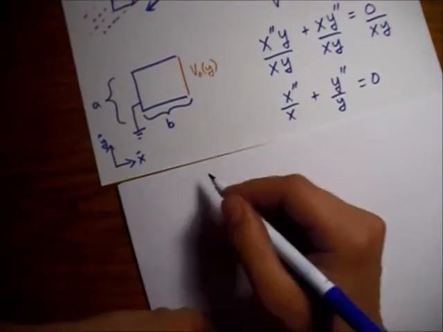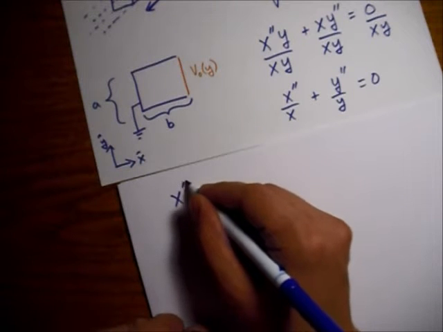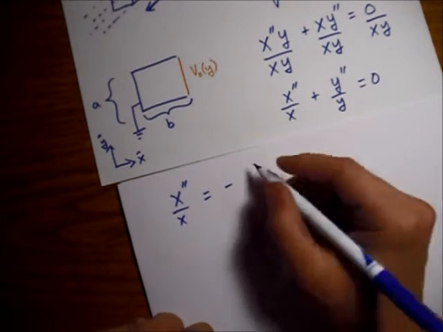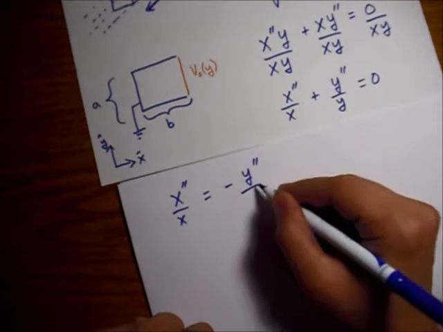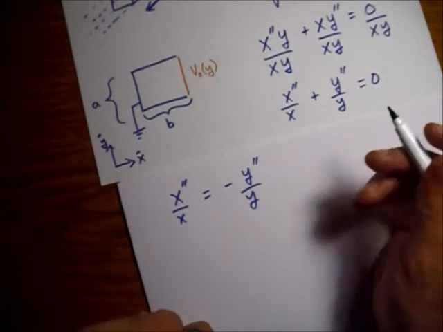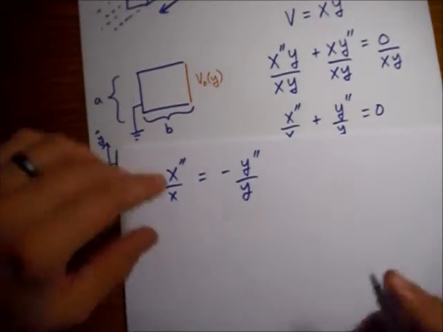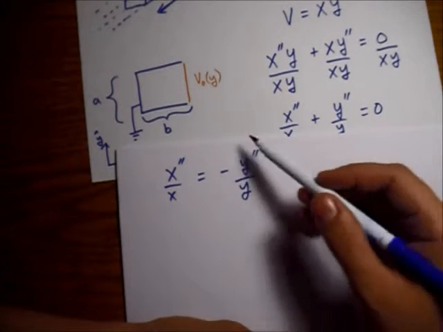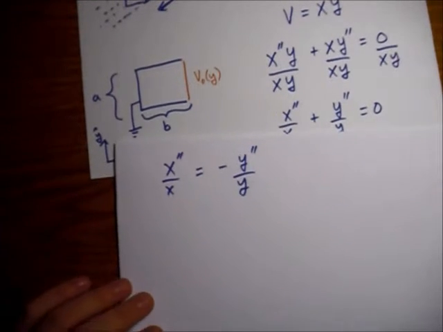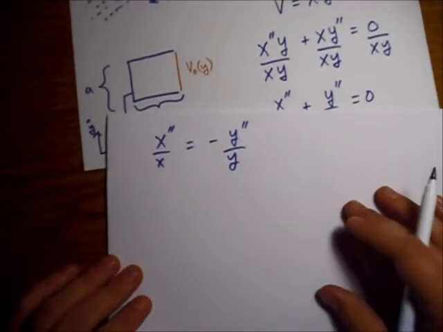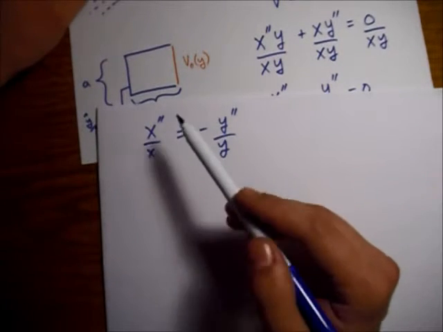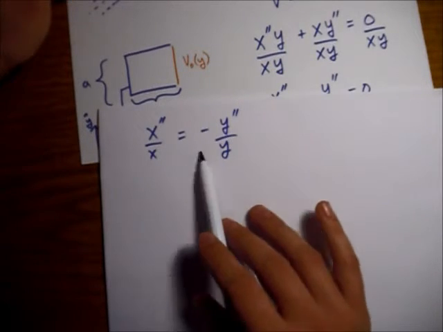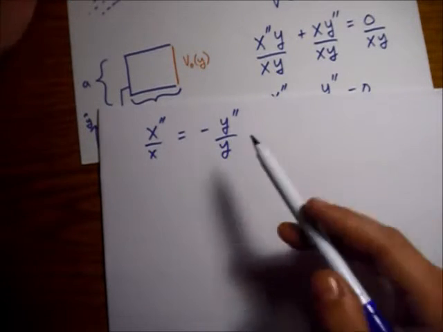This tells us that X double prime over X is equal to minus Y double prime over Y. Now, since this side only depends on x and this side only depends on y, and yet they're equal to each other, the only way for this to happen is for these to both be equal to the same constant.